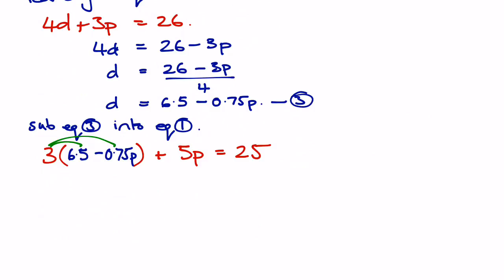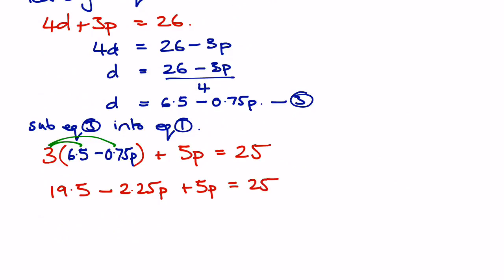we're going to get 3 times 6.5, which is 19.5, minus 3 times 0.75, which gives us 2.25P, plus 5P equals 25.